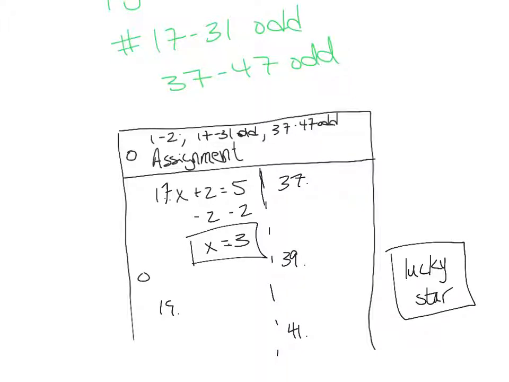Just, right by the assignment, write lucky star. I will give you not 2 points, but 2.5. And that will be some extra credit. Now you're like, half a point. That's actually 25% extra credit on that assignment for writing lucky star at the top of your paper.